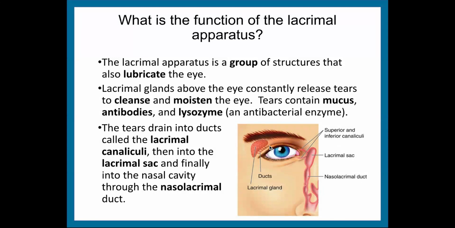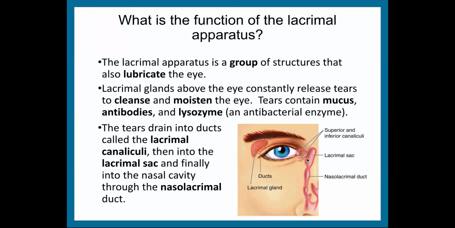Now, the tears are going to drain into ducts that are called the lacrimal canaliculi. And then they're going to travel into the lacrimal sac. So right here, so you can see the superior and inferior canaliculi. Superior would be on top, inferior would be on bottom. You can see how they're connected.